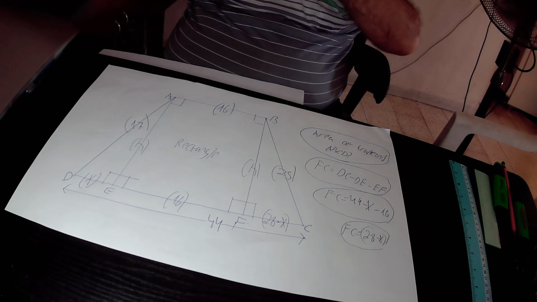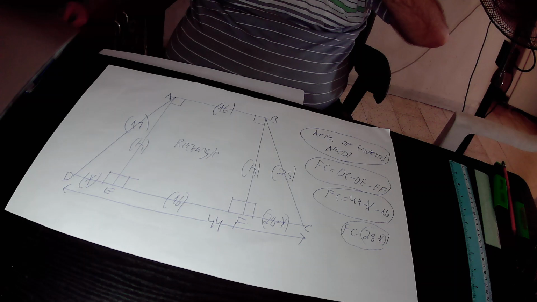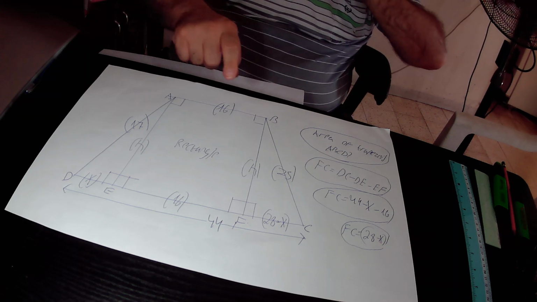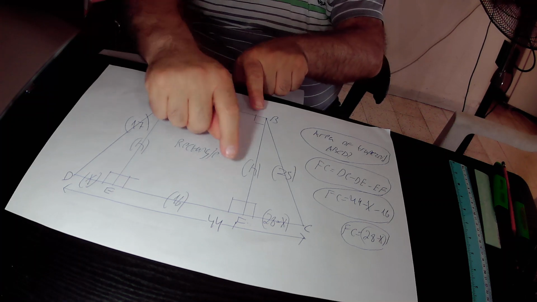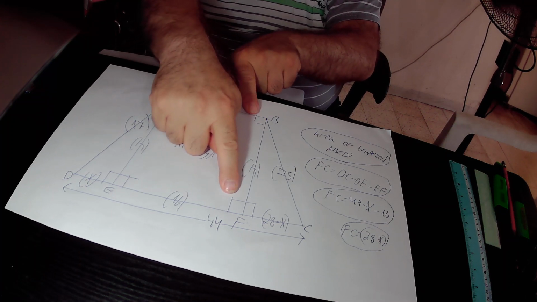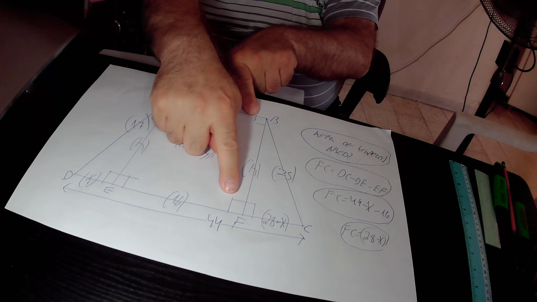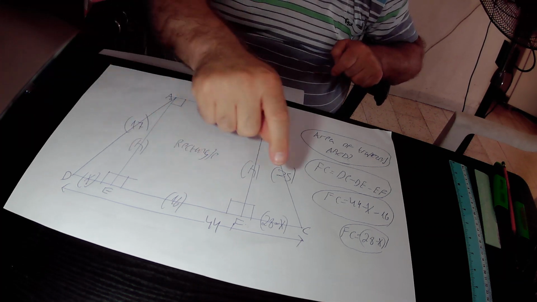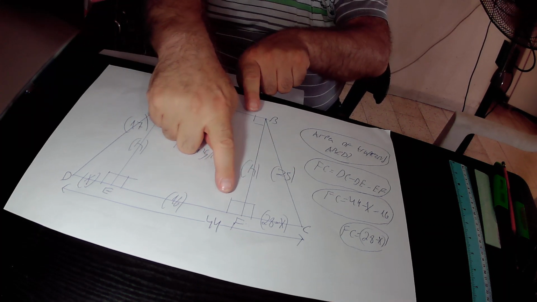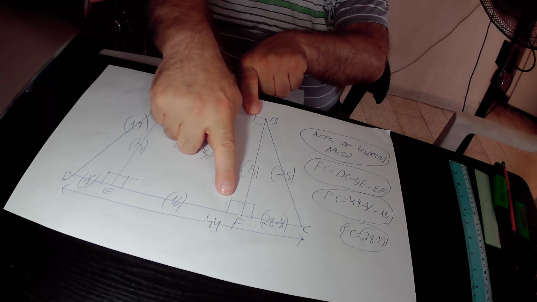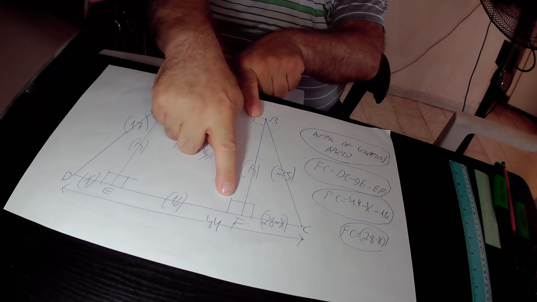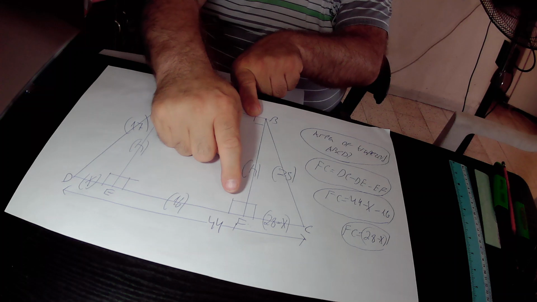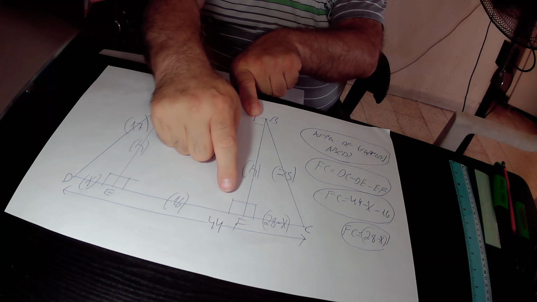So here, we know that AB is parallel to DC. Those two angles are both located between the parallel lines AB and DC, and therefore they are defined as interior angles. In addition, those two angles are both located on the right side of the straight line BF, and therefore they are also defined as one-sided.